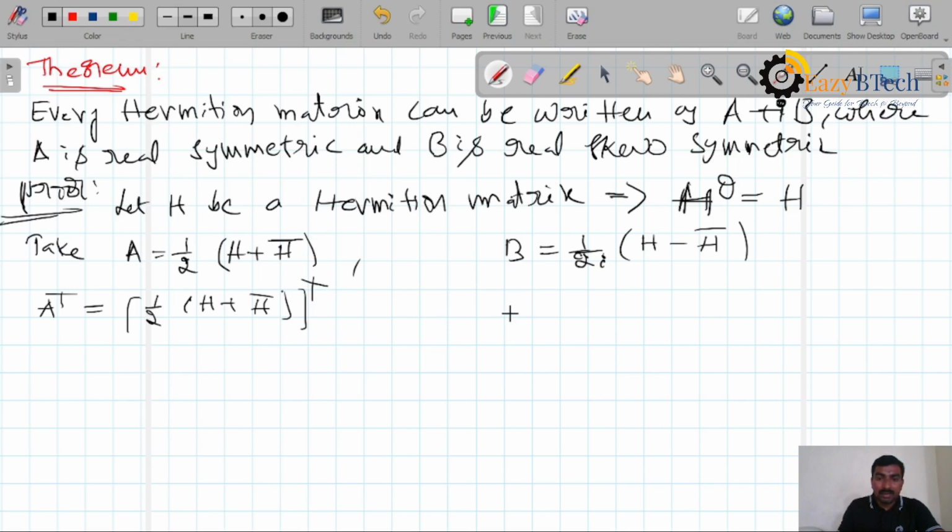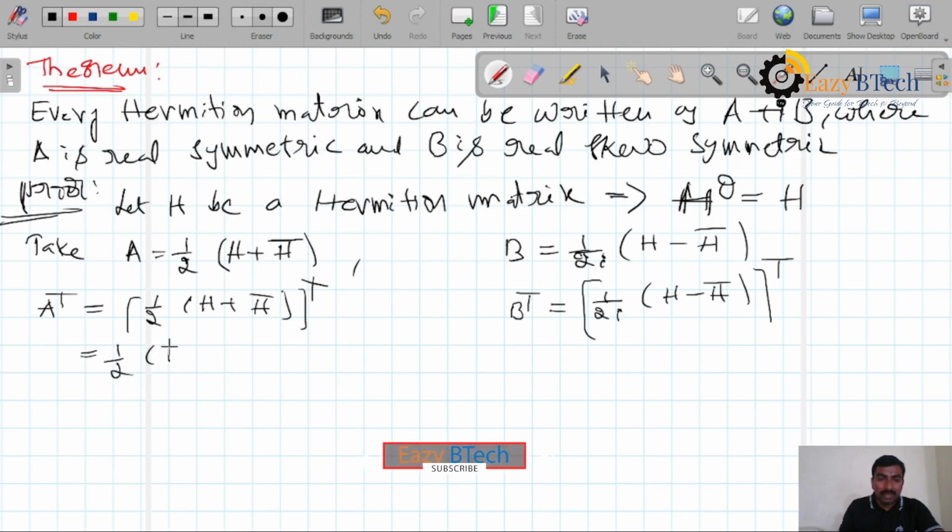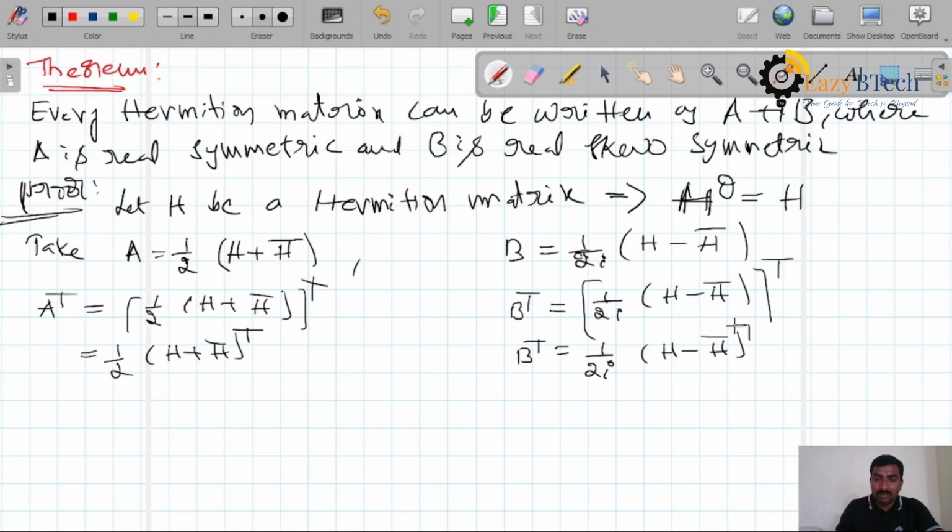Here also apply the transpose on both sides, then you will get B transpose equals 1 by 2i into H minus H bar, whole transpose. Now 1 by 2 is constant, leave it outside, then the remaining is H plus H bar whole transpose. Here also 1 by 2i is constant, leave it outside, then the remaining is H minus H bar whole transpose.